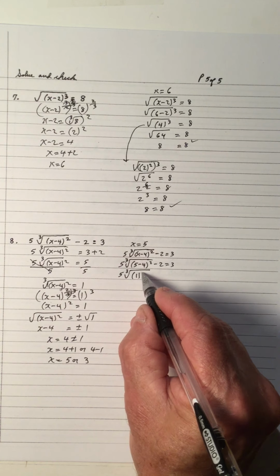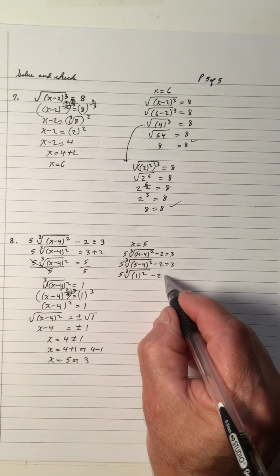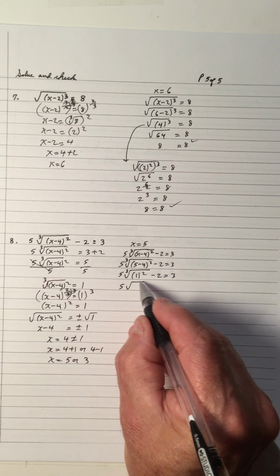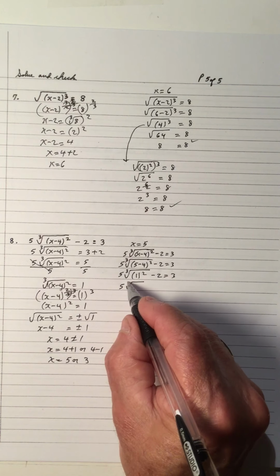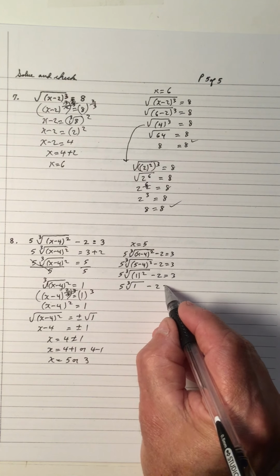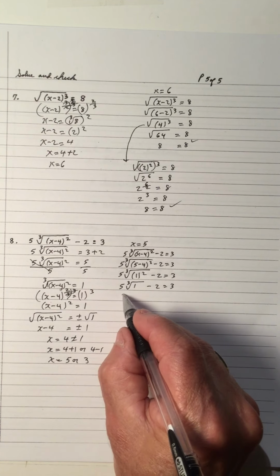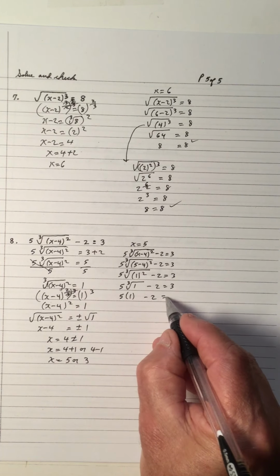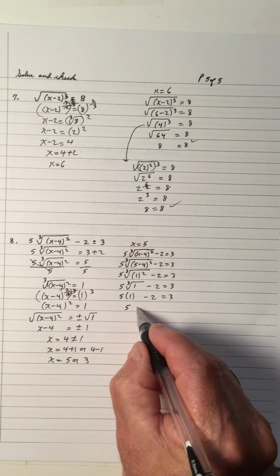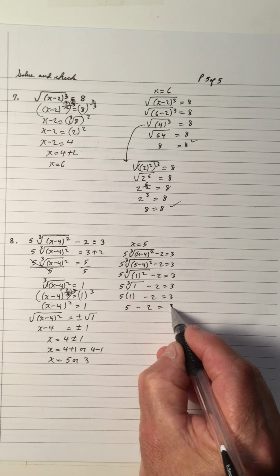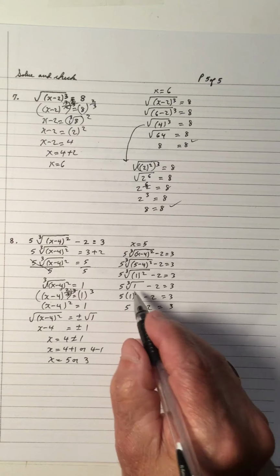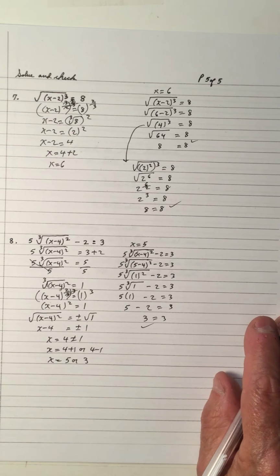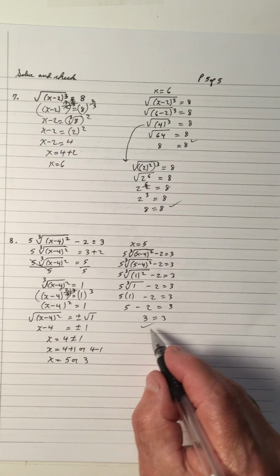And that's a 1. And to keep going, we have the cube root of 1. Notice I do them one step at a time. The cube root of 1 is 1. Multiply. Perfect. x equals 5 is a root.